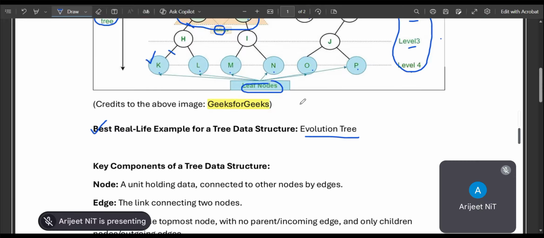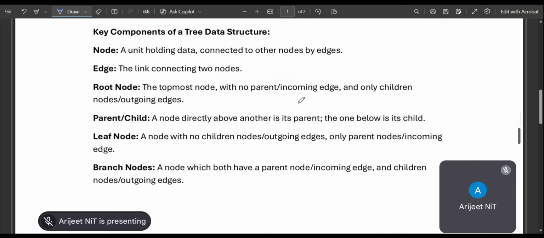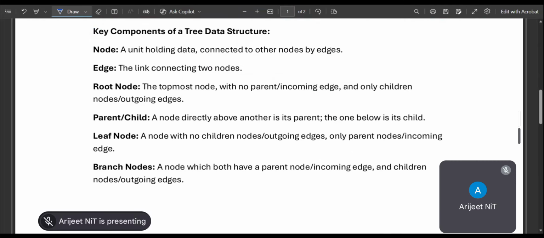And then evolved to what we are right now. So yeah, now let's know the official definitions. I have basically cleared all the things that are there in the tree data structure in the raw part. Now let's read some official definitions. What is a node? A node is a unit holding data connected to other nodes by edges.